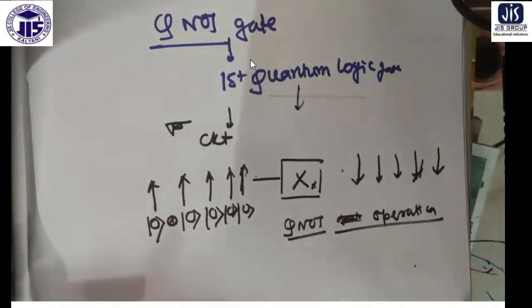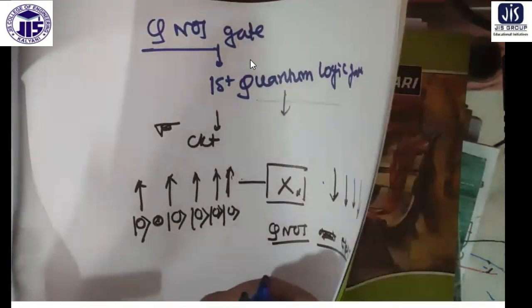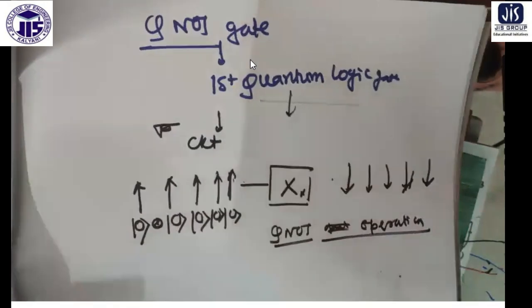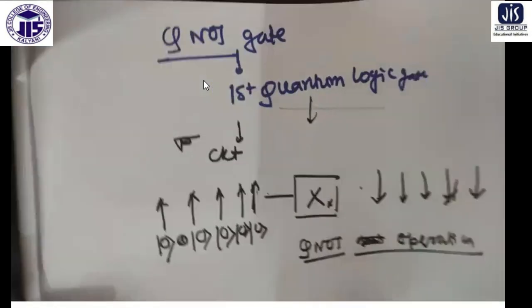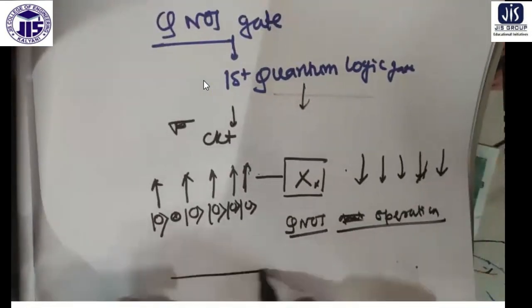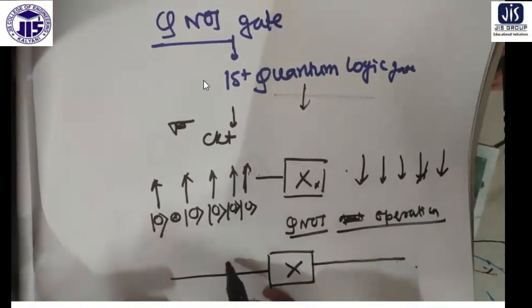Similarly, there may be a sigma Z gate. It's like this. Sigma Z is very popular. A related circuit is like this. This is a circuit.